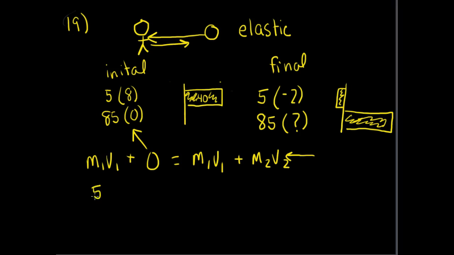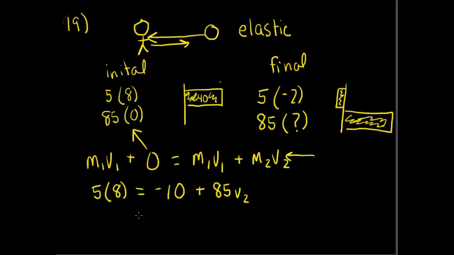m1 v1, that's 5 times 8. Plus 0, I'm not going to write that down, equals m1 v1 after, so that's 5 times -2, that's -10, plus 85 times v2. Solve this out algebraically. 5 times 8 is 40.